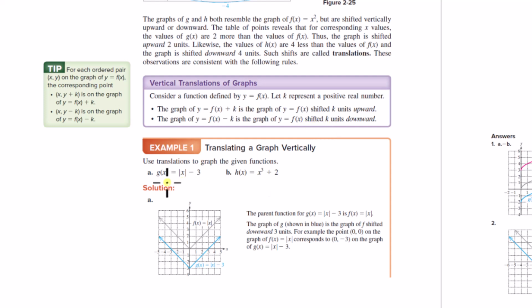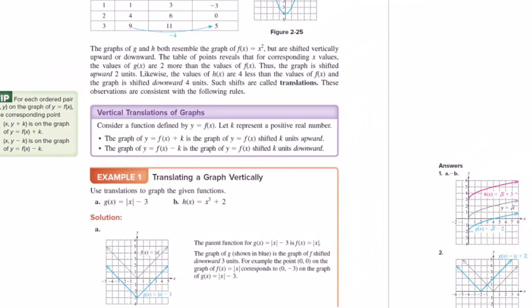All right, they give examples here. If you have the basic function g of x is equal to absolute value of x, and you subtract 3 from the back end, you can see it takes the function absolute value of x and shifts it down 3 units. The shape doesn't change, it's just a pure shift. Here they have the basic function x cubed with a 2 added to the end of it.